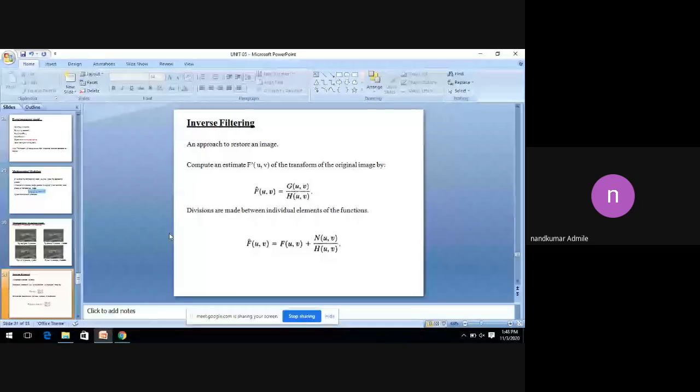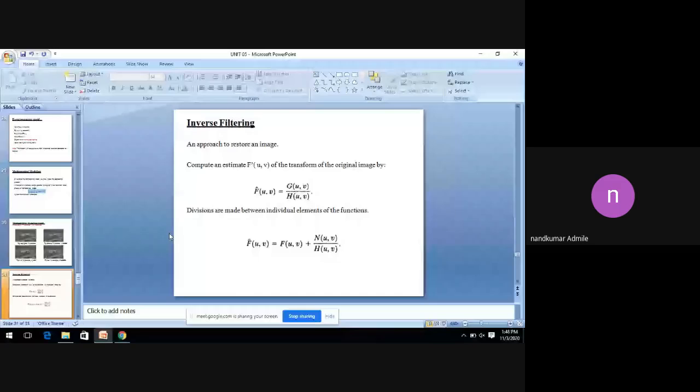So when we restore the image, we are not able to remove 100% of the noise from an image. Here the original image can be represented with the help of F of uv. Everyone concentrate on the second equation.